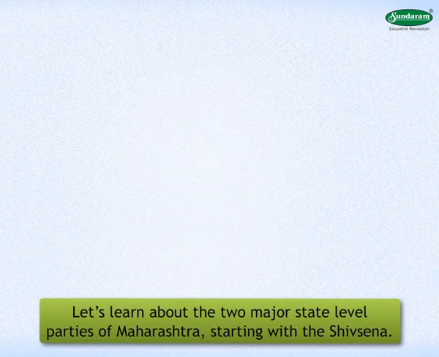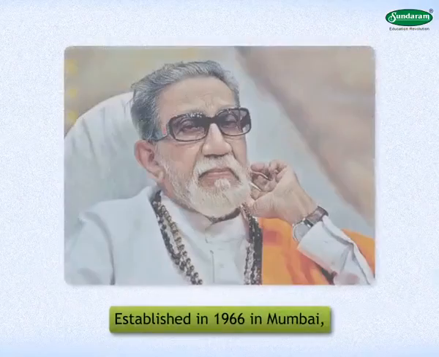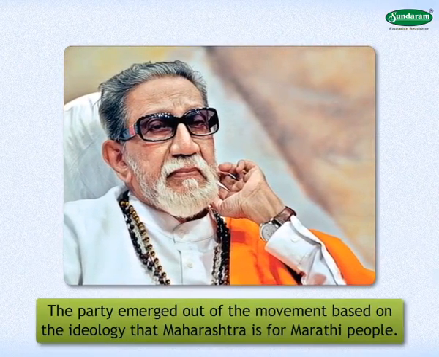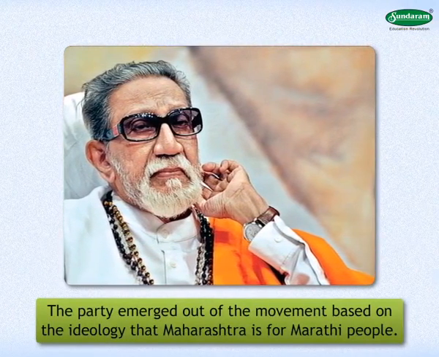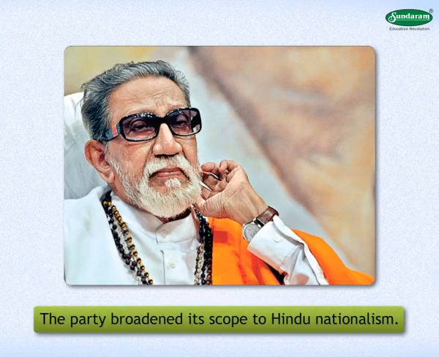Let's learn about the two major state-level parties of Maharashtra, starting with the Shiv Sena. Established in 1966 in Mumbai, the party emerged out of the movement based on the ideology that Maharashtra is for Marathi people. Gradually, the party broadened its scope to Hindu nationalism.